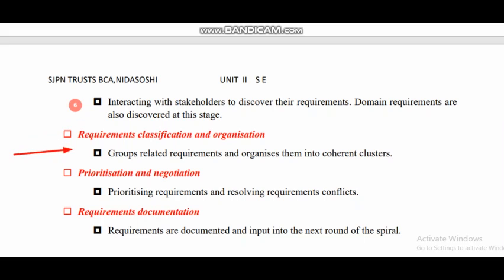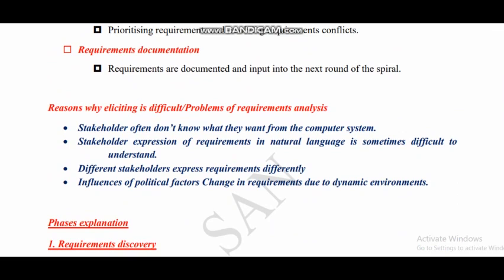The second phase is about classification and organization, that is classifying the information into different clusters. Then prioritization and negotiation, that is prioritizing requirements and resolving the problems with the requirements, and then finally creating the documentation. So this is about the phases. Here at the bottom you can see that in the notes I have explained in more detail also.